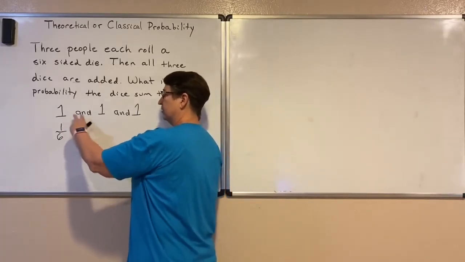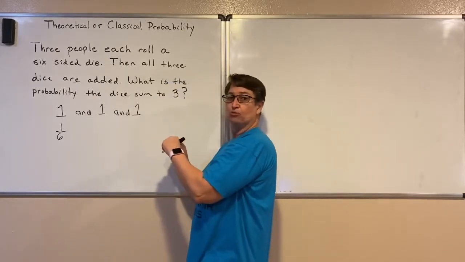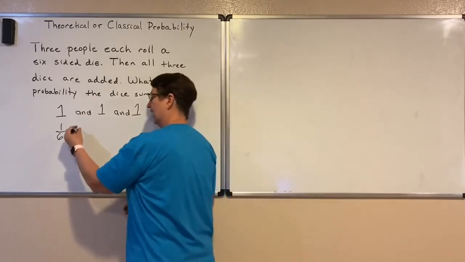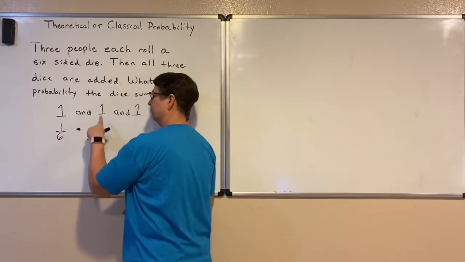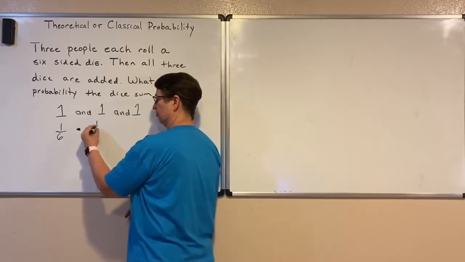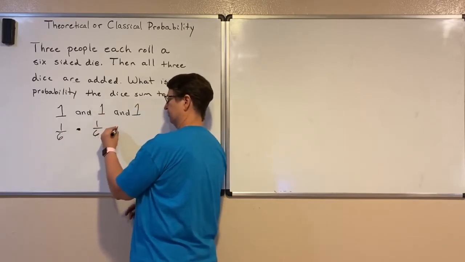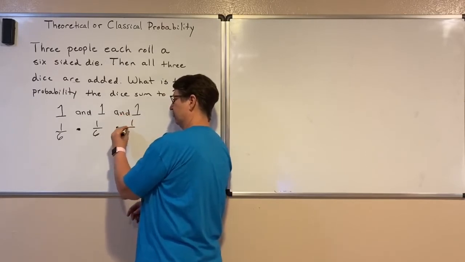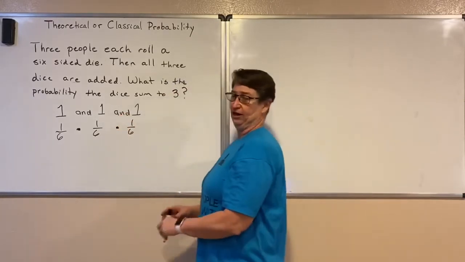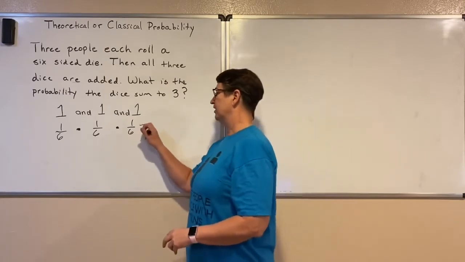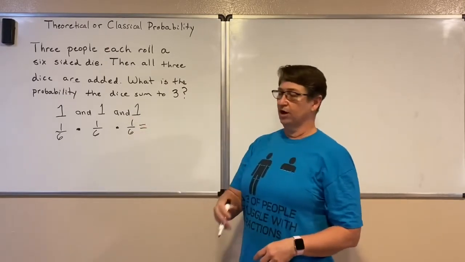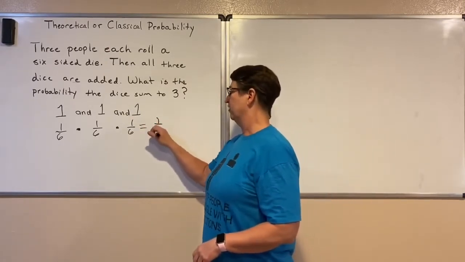This and, because they're independent, we're going to multiply these together. So that and reminds me I'm multiplying. The probability the second person rolls a 1 is also 1 out of 6. And then the probability the third person rolls a 1 is also 1 out of 6. So the probability that they roll a 1 and a 1 and a 1 is 1 out of 216.